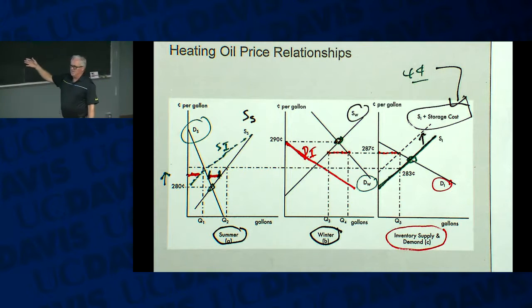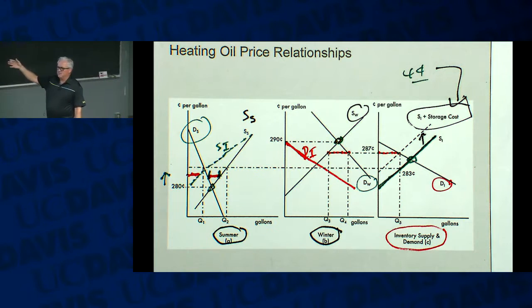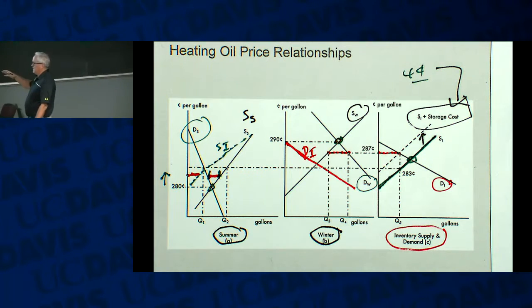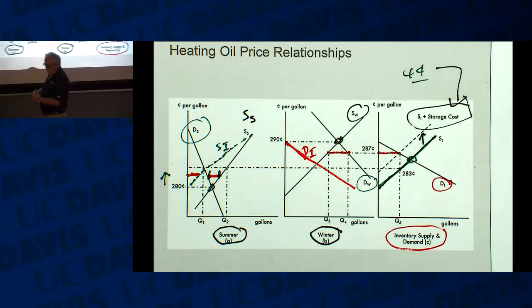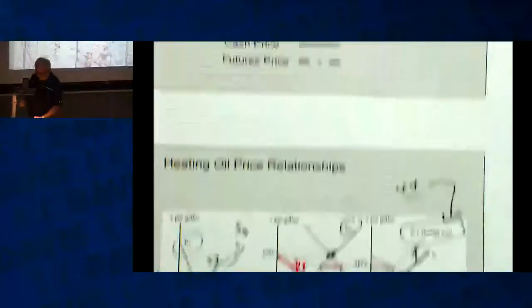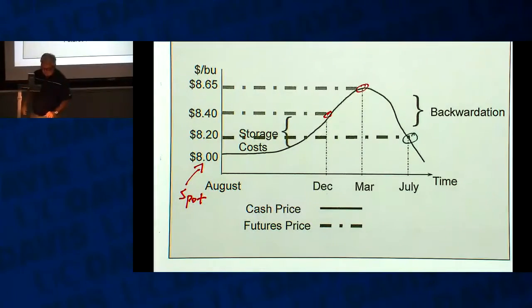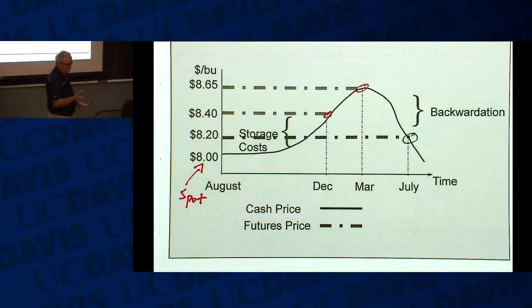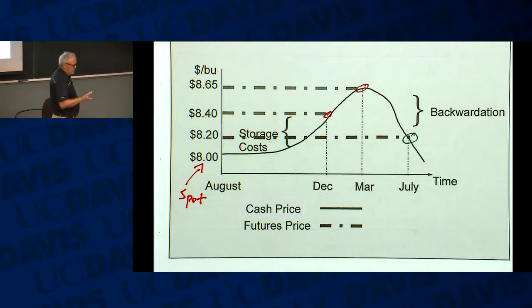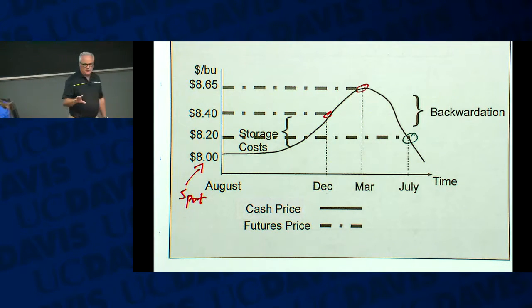If storage costs go up, that's going to affect the price in both time periods. Or if any of these curves shift, that's going to affect the price in these time periods. Just like if we go back to this slide, in the wheat market, I told you that was a snapshot, a picture of what's happening in the wheat market at one point in time.